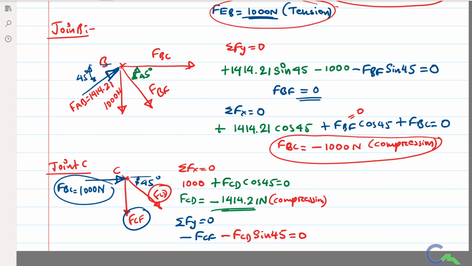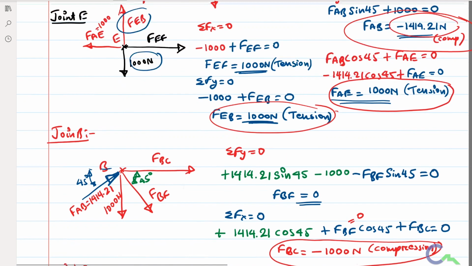So if I simplify this, FCD I already calculated, so I will substitute in this equation. So we will get FCF is equal to minus of minus 1414.21 sin 45. Therefore FCF will get plus 1000 Newton. That means our assumption is correct. It is in tension.